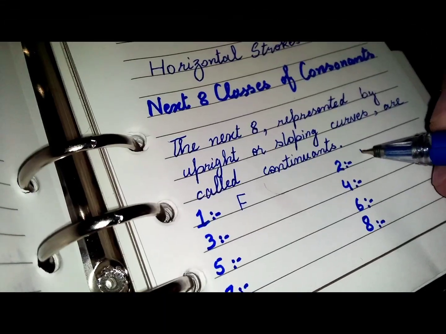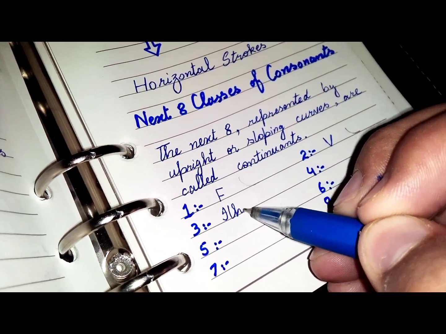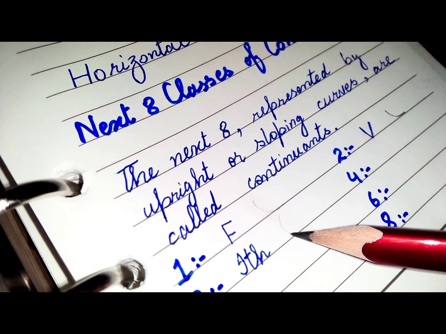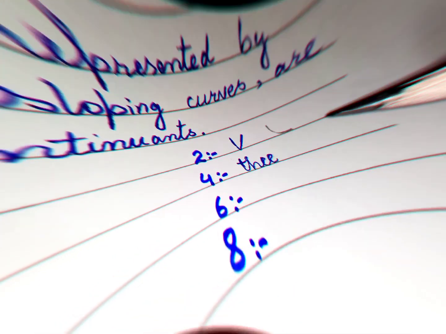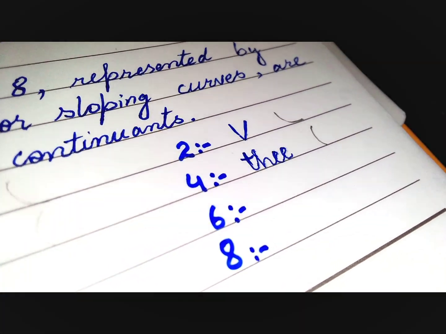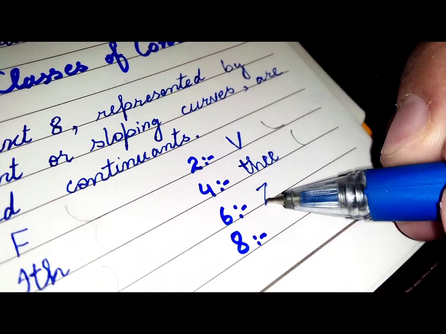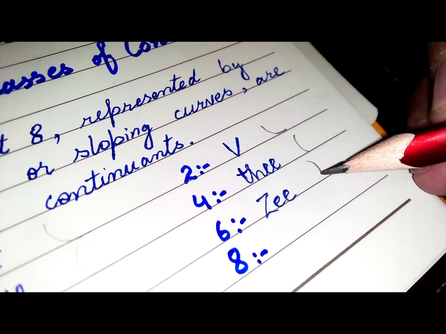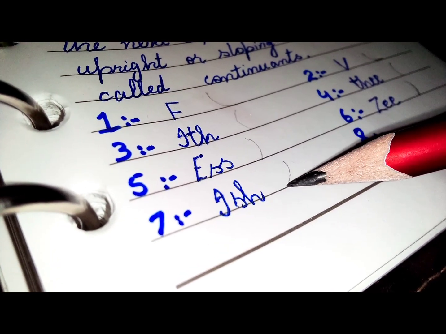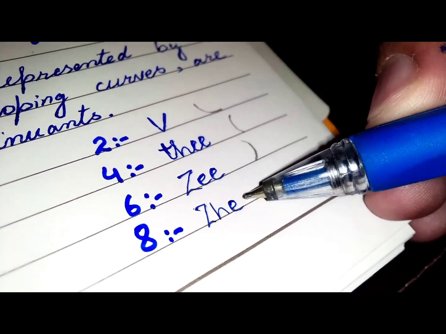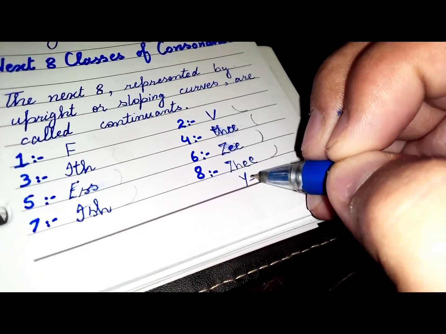F, V, Ith, V, S, Z, Ish, Yi. The consonant J is not Z, its phonetic pronunciation is Yi.